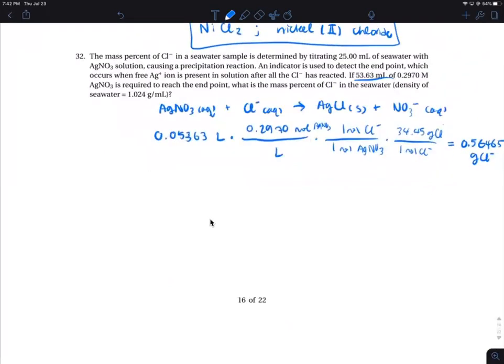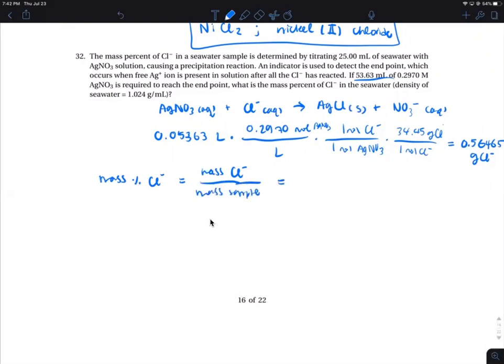So to find the mass percent of Cl minus, we have to first find the mass of the seawater sample, right? So the mass percent Cl minus is going to be the mass Cl minus divided by the mass of the sample. So let's now find the mass of the sample.